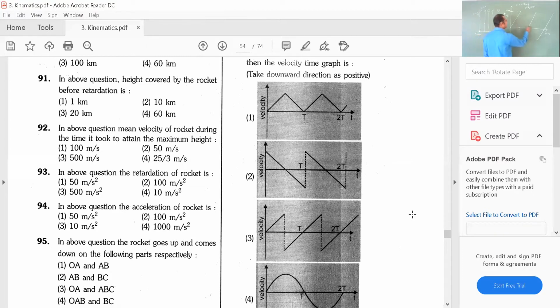And they have mentioned here T and 2T. What is this? T indicates time of flight: time to reach the ground and time to reach up again. Time of flight, again time of flight. Yes, it is a very important question.